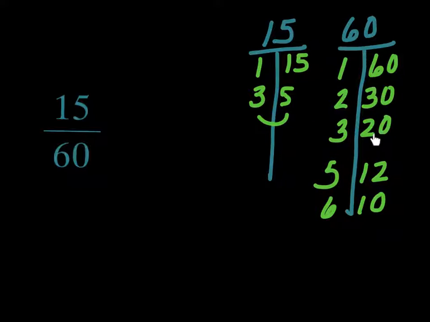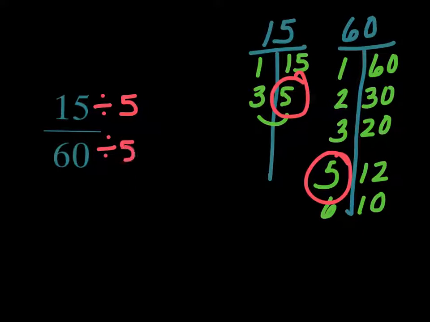However, I conveniently left one out here in the middle. And if I were to just look at these two sets of factor pairs, I would think that the greatest one they have in common would be 5. So if I were to divide my numerator and my denominator by 5, I would think that my answer was 3/12.